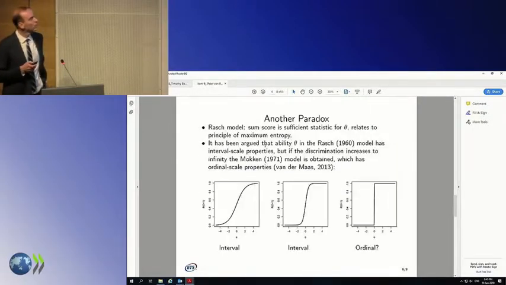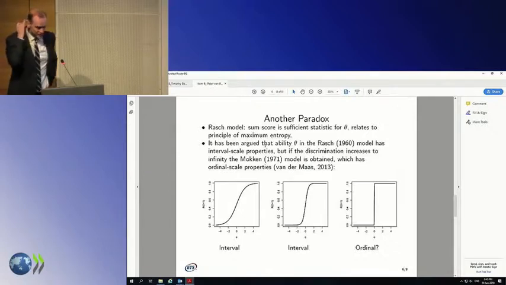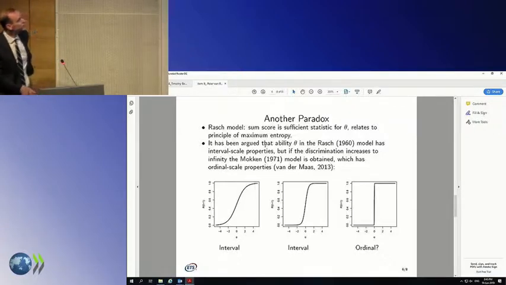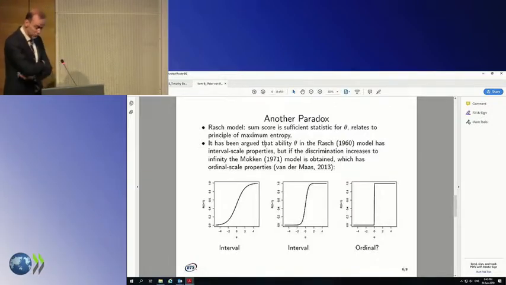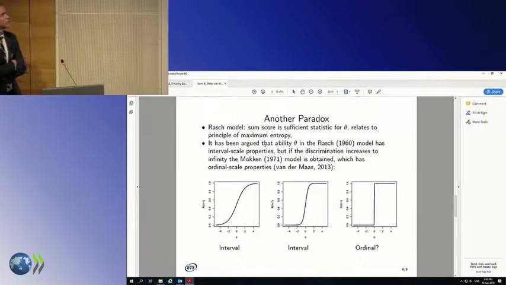So let's look at some item response theory. I mentioned that it's sometimes argued that item response theory models can lead to a scale that has interval properties. This is mostly argued for the Rasch model, where the sum score is a sufficient statistic for ability theta.